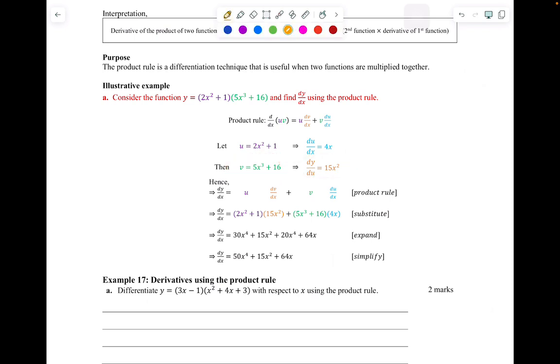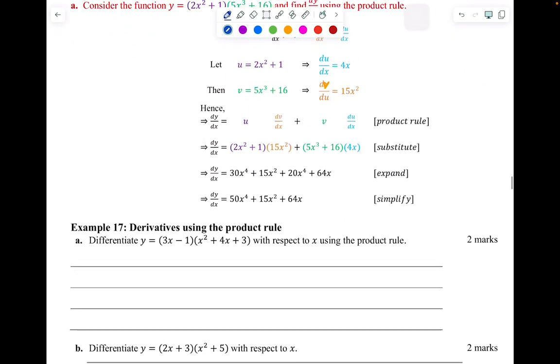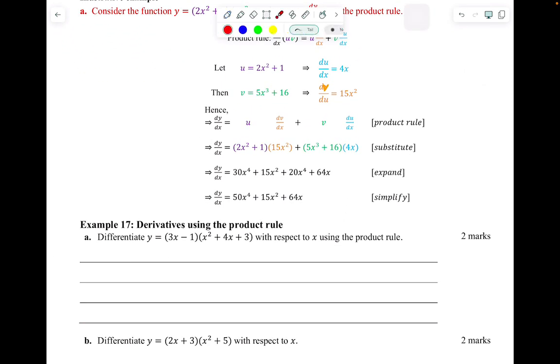I should probably change this here. It should be v, dv/dx. And you can see how it all meshes together. You can apply that there. So we've got each component: 2x squared plus 1 times dv/dx, oopsies, it should be dv/dx here, which is 15x squared.